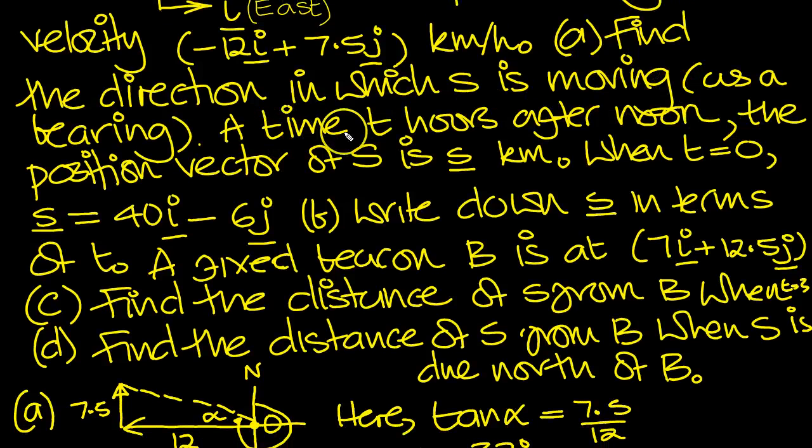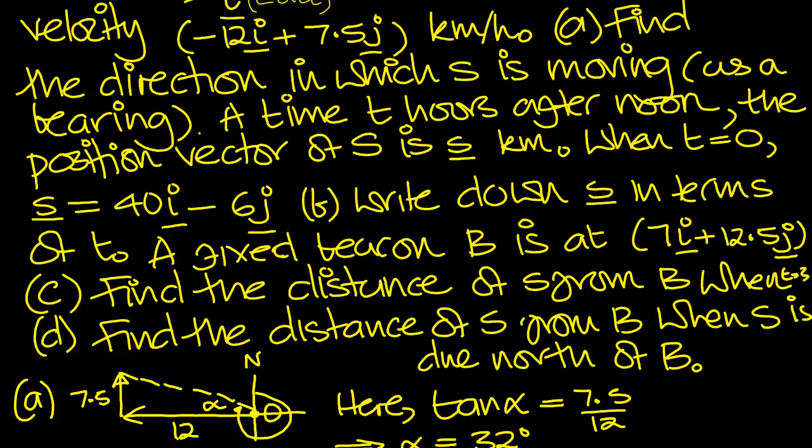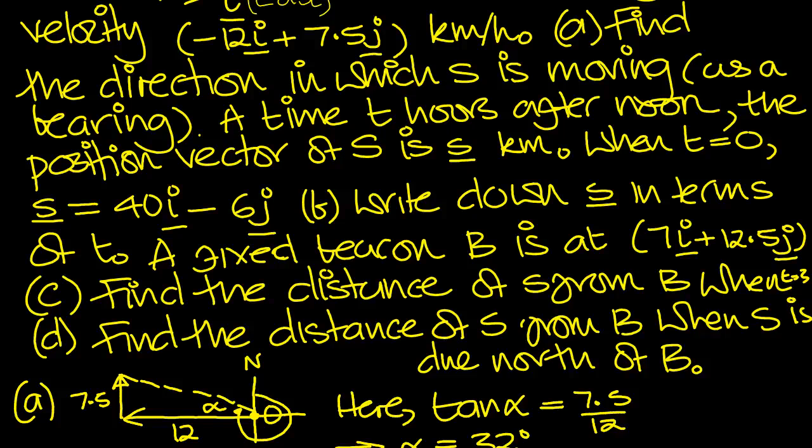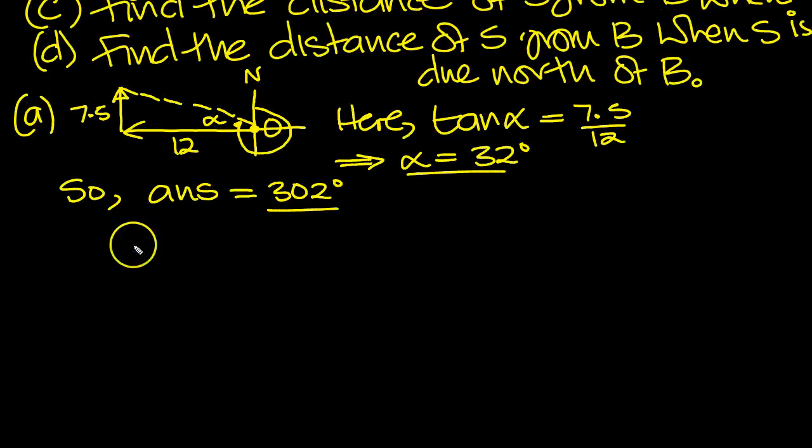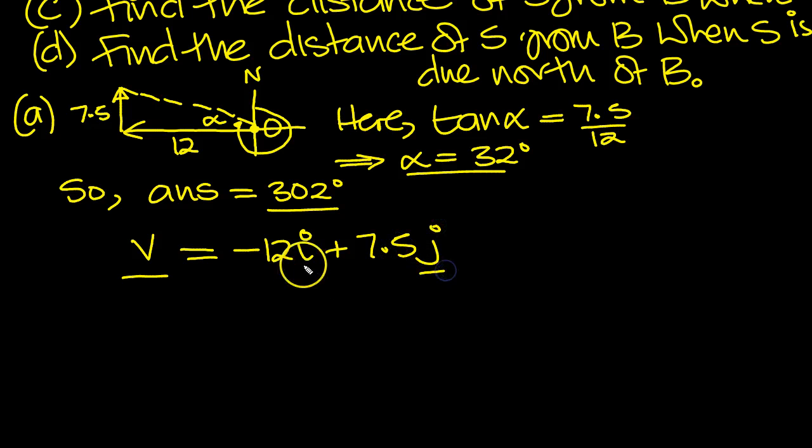Okay, so we've done that then. At time t hours after noon, the position vector of S is s, that's the position in general. When t is 0, S is 40i minus 6j. So the velocity of S is this, so let's write that down. The velocity is equal to minus 12i plus 7.5j, isn't it? And that's the velocity at t equals 0.